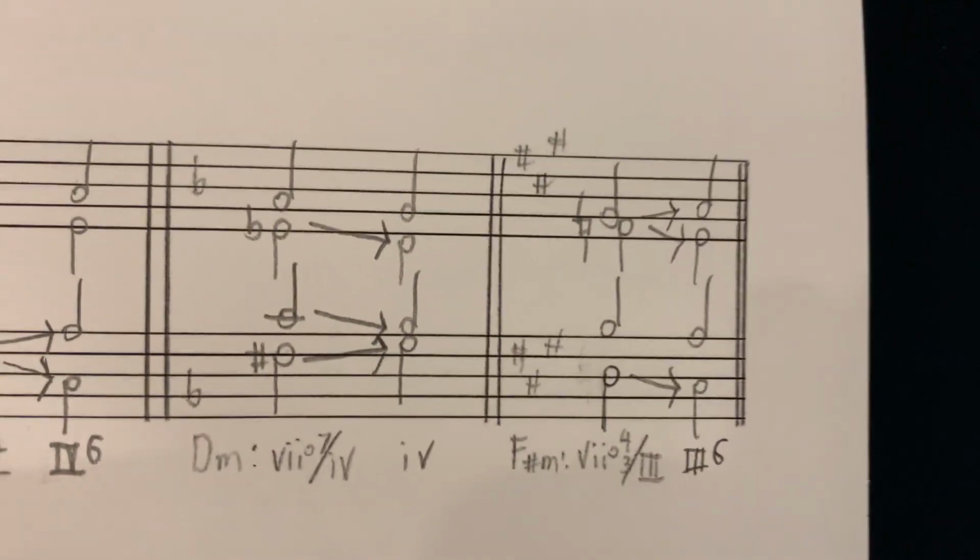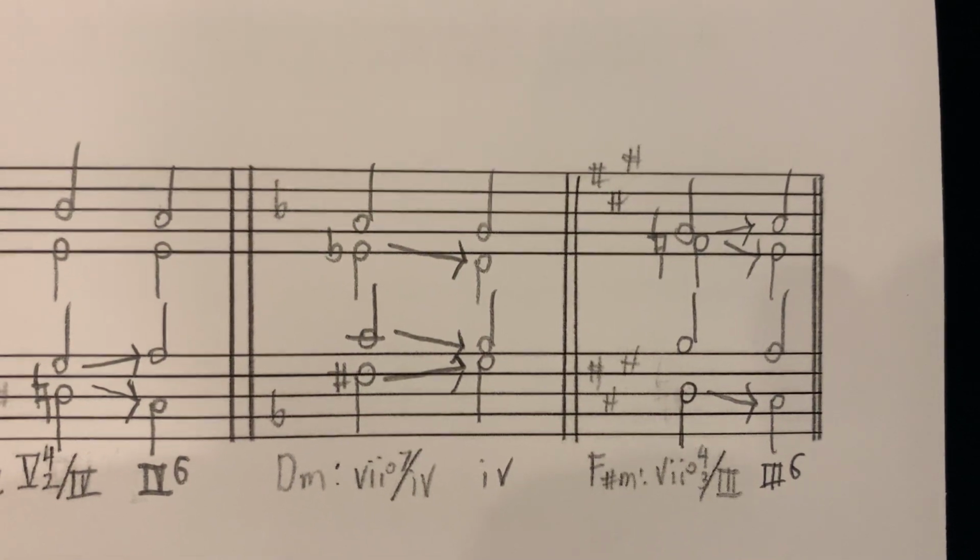Third one in D minor, and I have vii diminished 7 of IV to IV. And then lastly, F sharp minor, I have vii diminished 4/3 of III to III6. Again, notice that that one had to go to a III6 because the note in the bass had to resolve down.